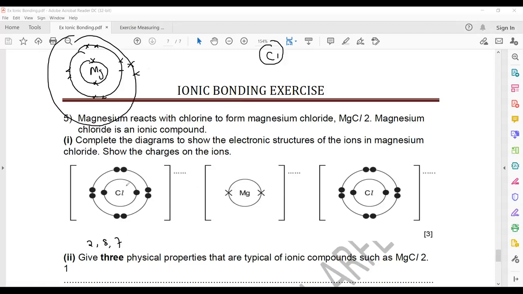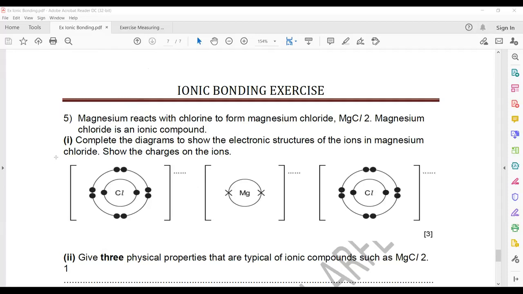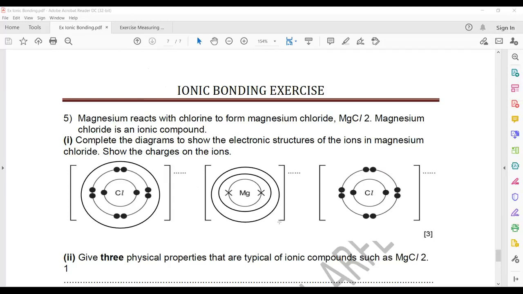So they did not give you the third shell, so you have to draw the third shell here. Chlorine should have a third shell because it is 2, 8 and 7, and magnesium should also have 3 shells because it is 2, 8 and 2.